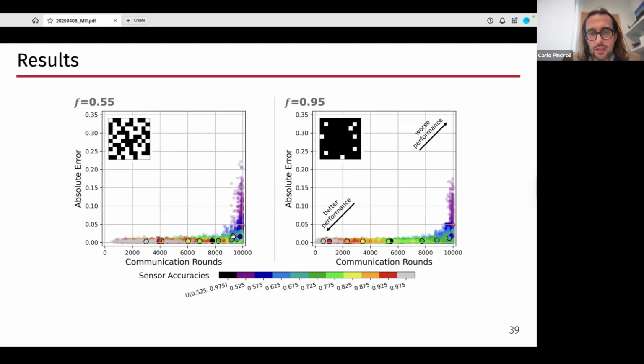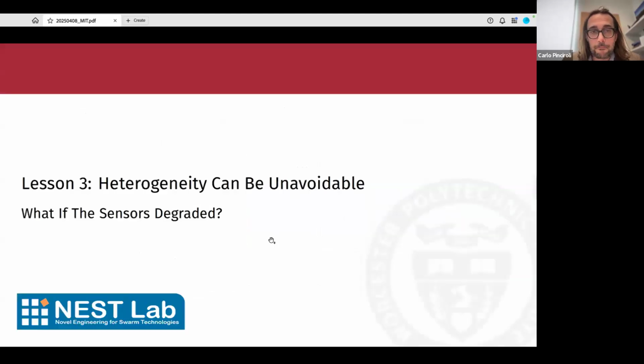It's only in the cases in which your sensor is severely compromised, like the purple and the blue cases in which you have 52%, 57%, that you have an increased error. And this is for ambiguous environments in which you have a 55% fill ratio. So this algorithm, despite being very simple, is incredibly difficult to defeat, essentially. It worked really well as a baseline.